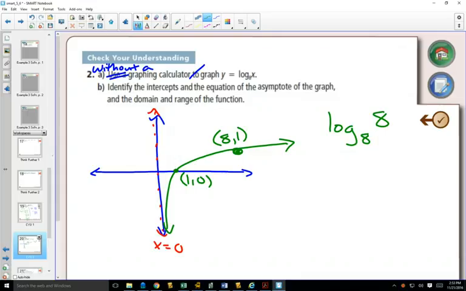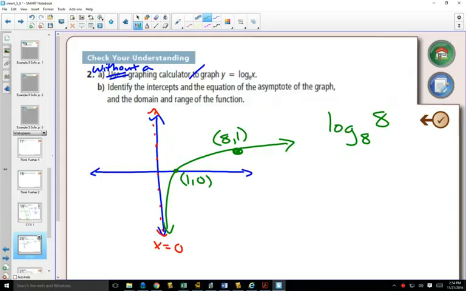And that's a reflection over the line y equals x. So it isn't hard to graph this without a graphing calculator, and we'll be expected to be able to graph all of our log graphs, and what we're going to do in the next couple of examples is draw some graphs with all of our transformations.